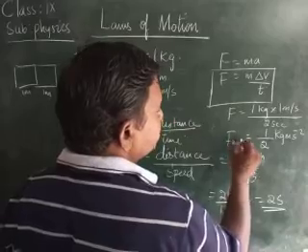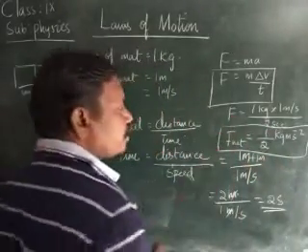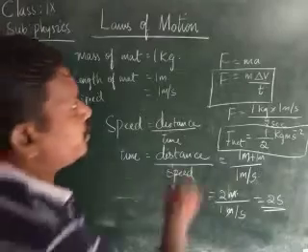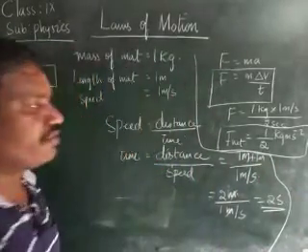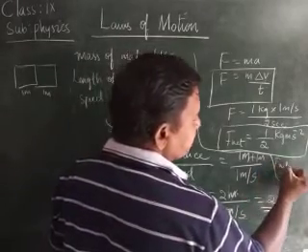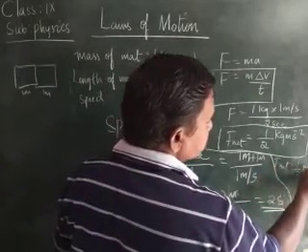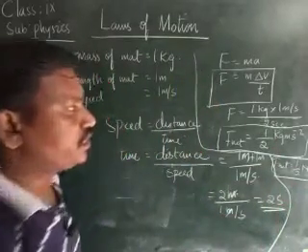The net force acting over here is half, 1 by 2 kg meter per second square, or we can write this as F net is equal to half Newton. This is the answer, children.